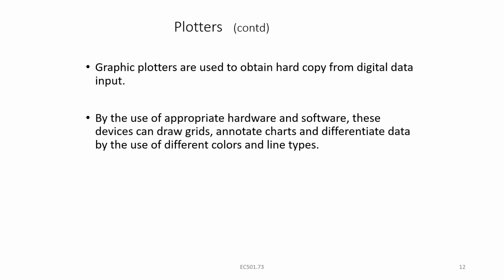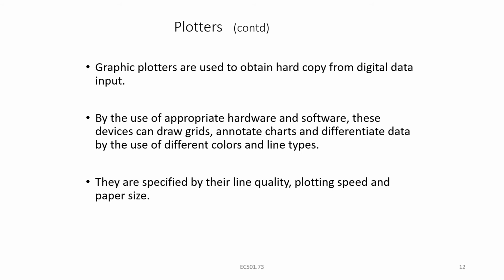So here the graphic plotters are used to obtain hard copy from digital data input. By the use of appropriate hardware and software, these devices can draw grids, annotate charts, and differentiate data by the use of different colors and line types.